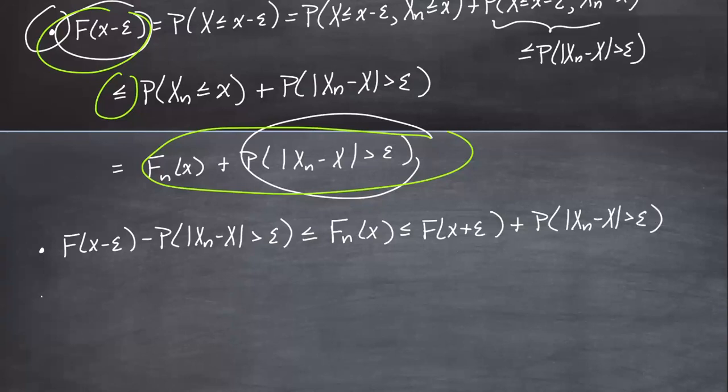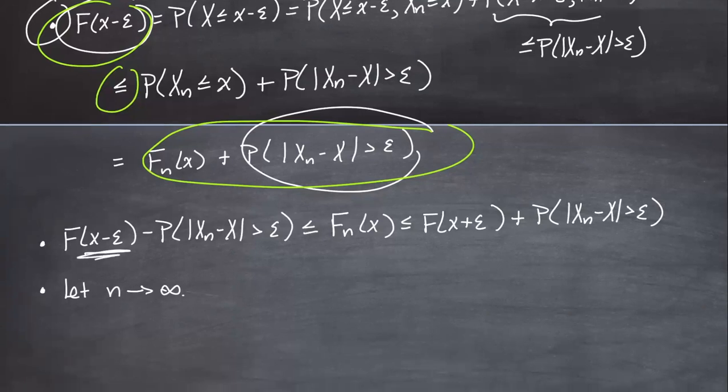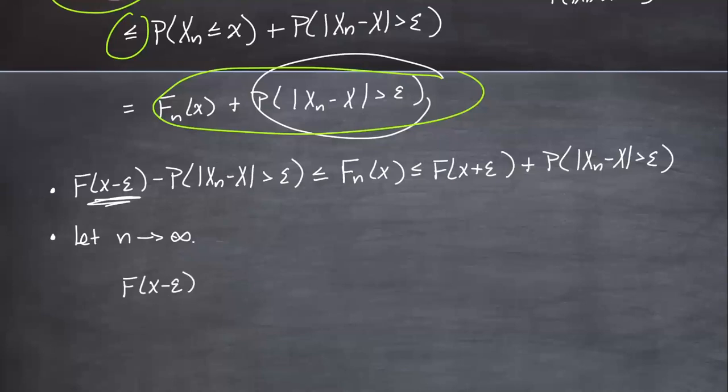Let's let n go to infinity all the way across. So a limit and a limit and a limit, which I'm kind of too lazy to write. On the left side, as n goes to infinity, this term isn't moving, it's just right there. This term is going to 0 because Xn is converging to X in probability.